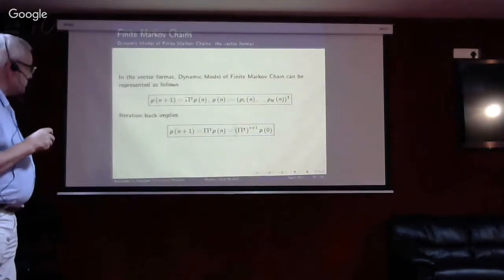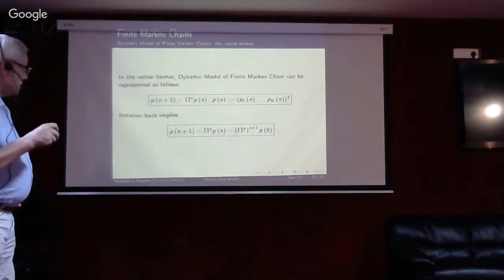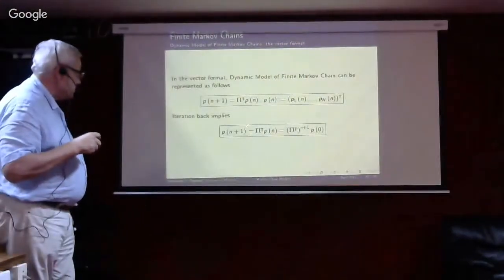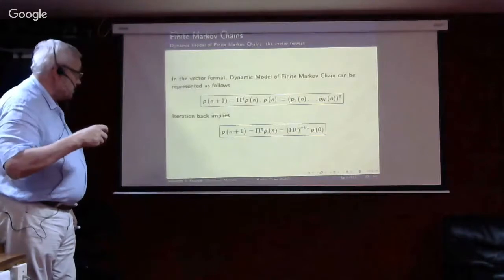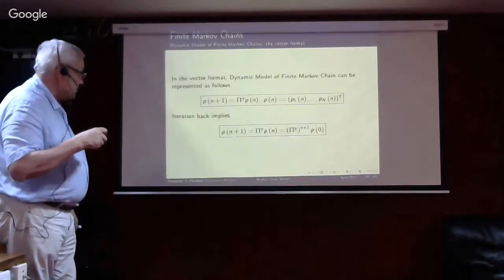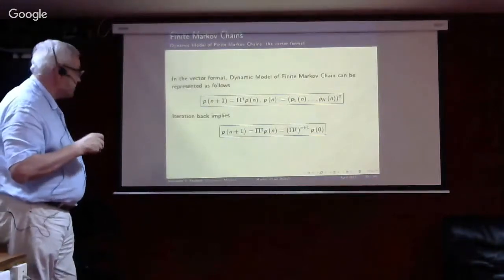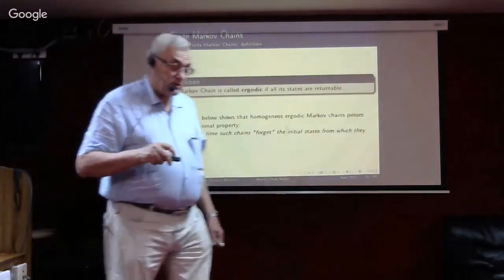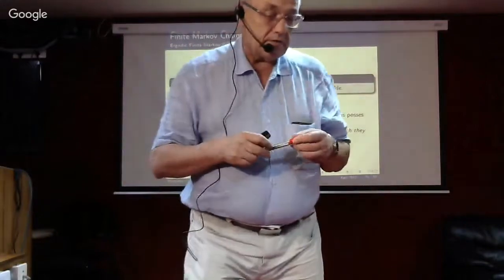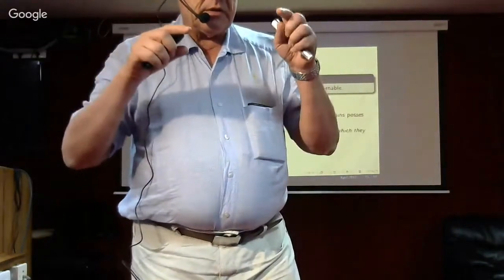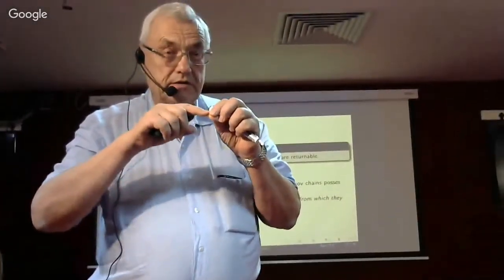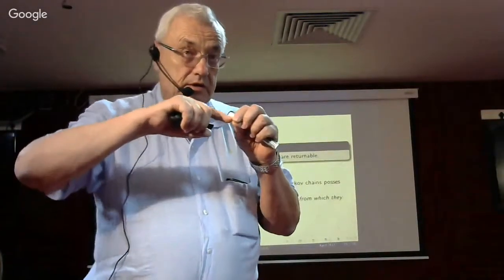In vector form, it looks like that. This is a vector of probabilities, and it looks like this. So when we return back, we obtain this dynamics. I see. So ergodic Markov chains, physically, are a class of chains where obligatorily, if I select any time, after this time there exists a probability that I again return to this state.